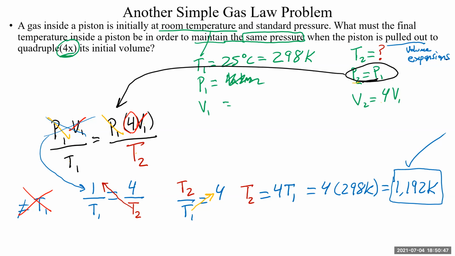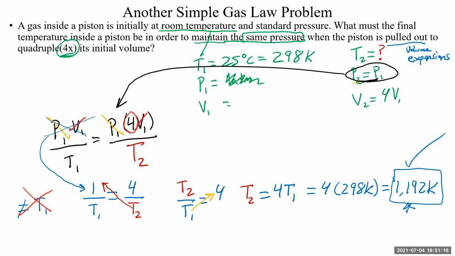But since we're keeping the pressure the same, the only way to maintain the same pressure is to speed up those gas particles so they bounce around just as hard and just as fast, maintaining the same number of gas particles, maintaining the same pressure. They have to move faster, which means they have to be hotter. That's the reason you have to increase the temperature. So volume expanded by 4, temperature expanded by 4. And ultimately, that's what it is.